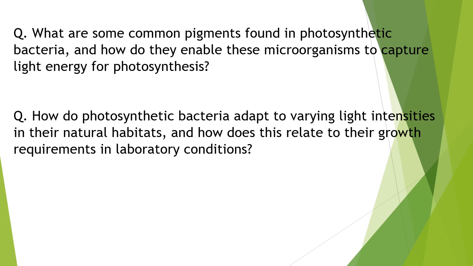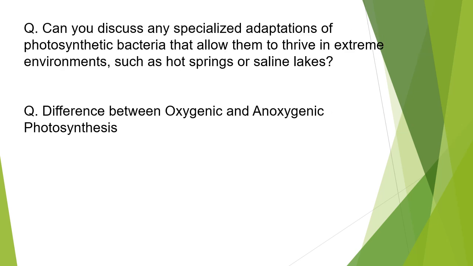The bacteria are very clever; they have very good machinery to protect themselves and thrive in a given condition. These adaptive strategies are replicated in laboratory conditions by adjusting the light intensity, ensuring optimal growth and photosynthetic efficiency. That's the reason why you can easily isolate photosynthetic bacteria in labs also.